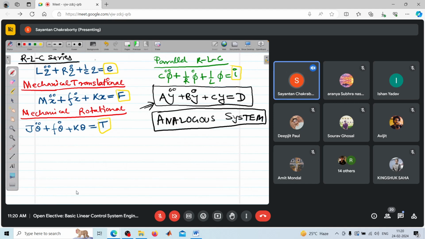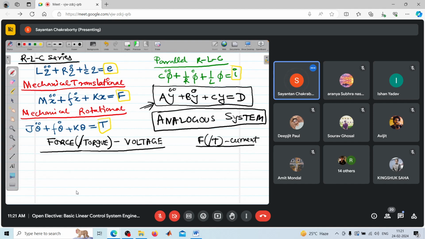So to facilitate this study, let us obtain a set of analogies. That is, first, the force or torque voltage analogy, and the force or torque current analogy.